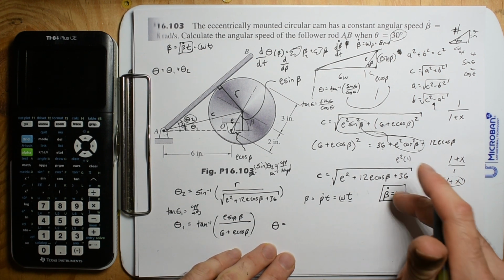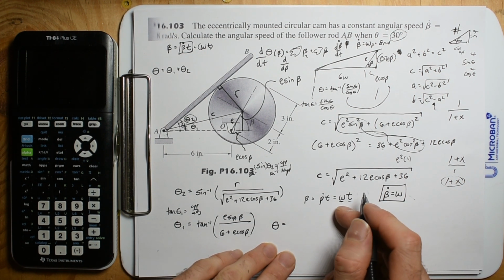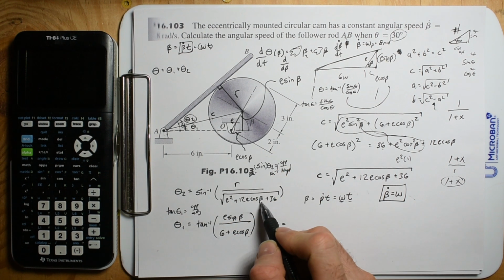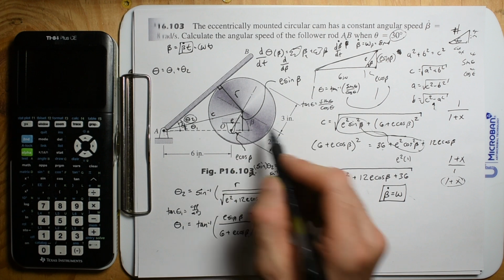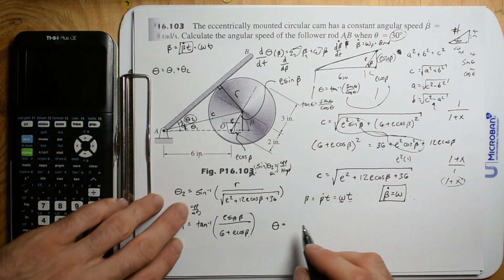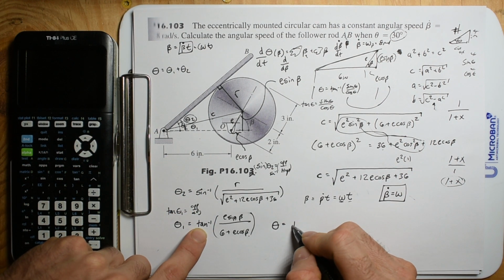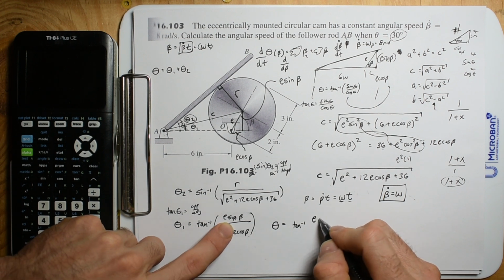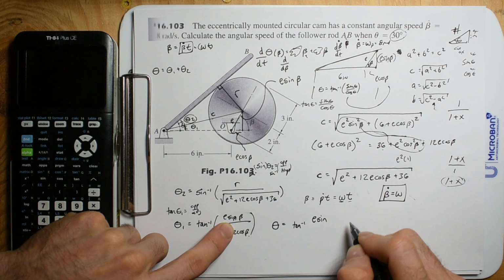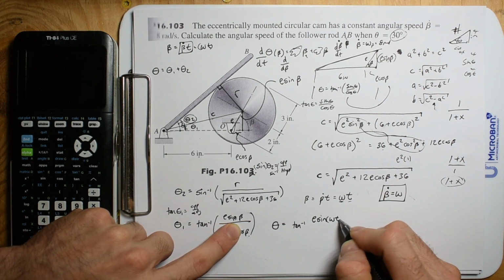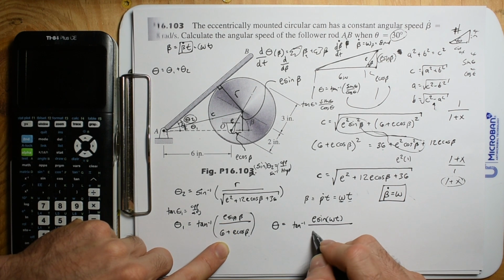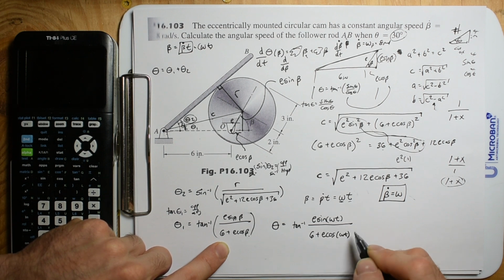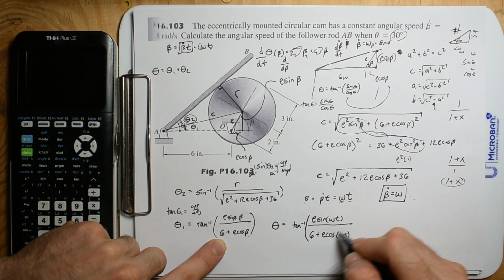Because in the derivative calculator I want to see this omega. The symbol is really easy to see, and I don't want to confuse it with beta as just an angle. So we're going to take inverse tangent of e sine omega t divided by 6 plus e cosine omega t. That's simple.